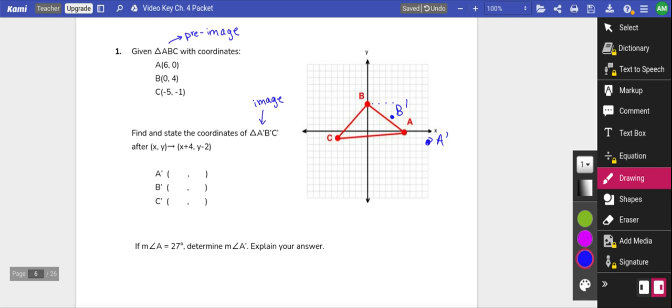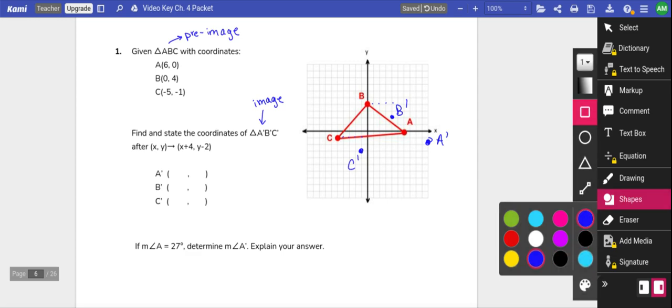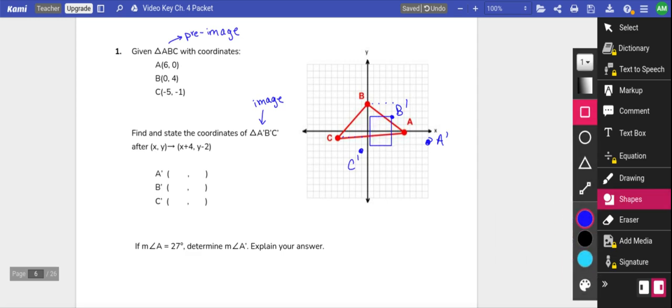Here's point B prime. And lastly, point C, 1, 2, 3, 4, and down 2. Once I plot my figure, I can name my points.